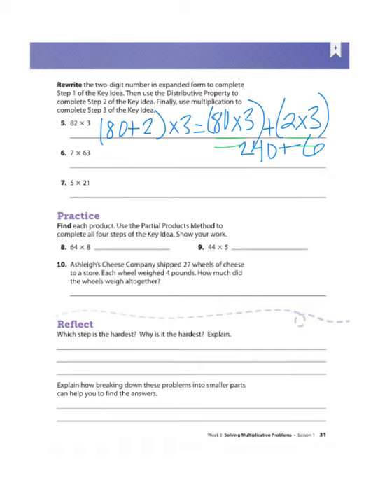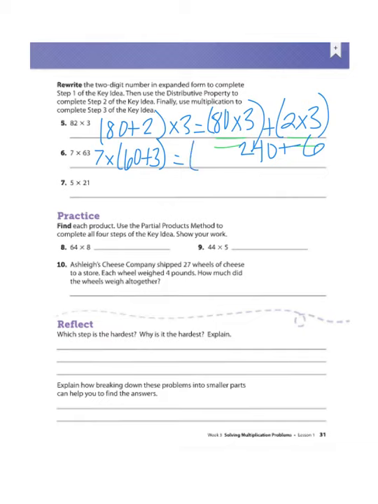7 times 63. So I have to break apart the 63. So this is going to stay 7 times 60 plus 3. Okay, now I'm going to do my multiplication.